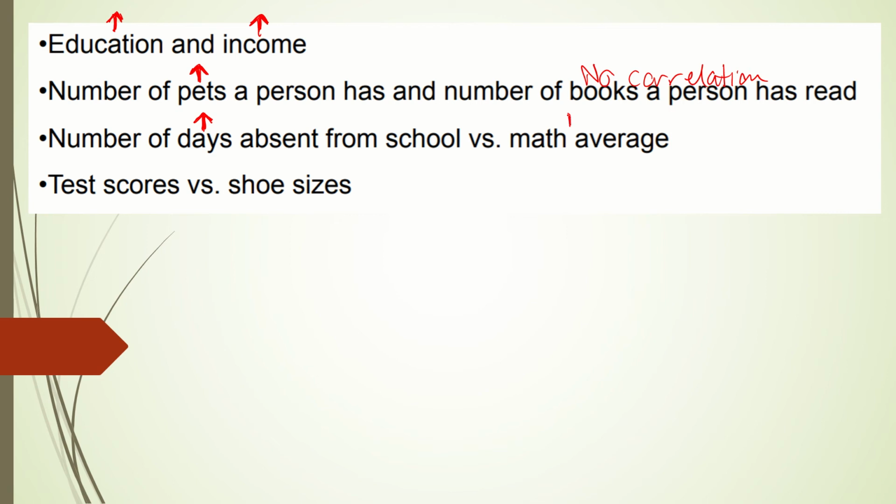I hope you said down. Generally speaking, again, there's always some people that could be absent forever and still know what they're doing. But most of us, if we're missing the instruction, then we're not entirely sure what we're doing. So that, as one goes up, the other decreases. So that is a negative correlation. And I should probably label this. So open up the negative flap and write that in there.